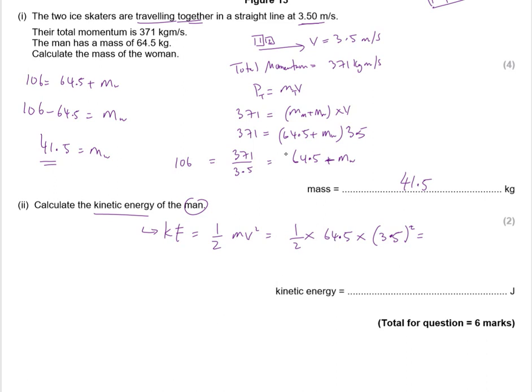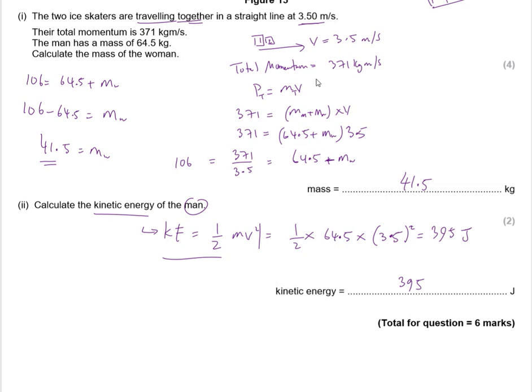Okay, don't forget to square the velocity, and if you do this on your calculator, you are going to get your nice answer there, in joules. Now for this question, you need to remember the equation for kinetic energy, and this will help you do the rest.